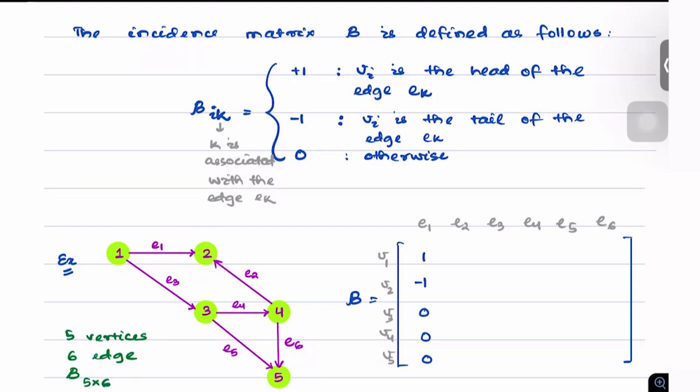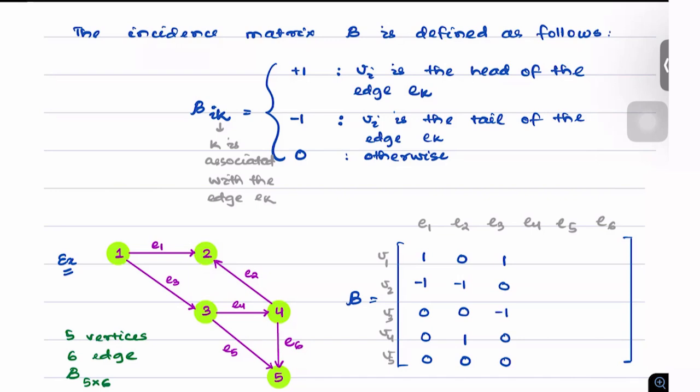Let's look at the second edge. The second edge starts at node number 4 and ends at node number 2, meaning we place a +1 here and -1 here. And the rest of the entries are again equal to 0. If we look at edge 3, it starts at node number 1 and ends at node number 3. The rest are 0.